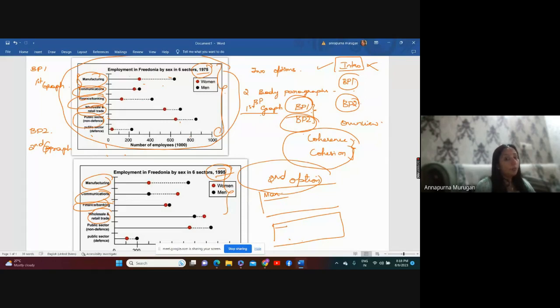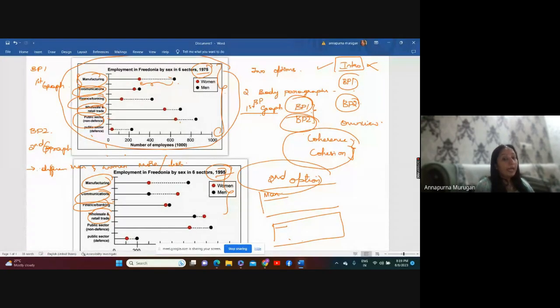Okay, so you people mentioned that also. Along with that, you try to see the differences between the number of men and women in each sector. That means try to see in which sector the difference between men and women employees is more, less.